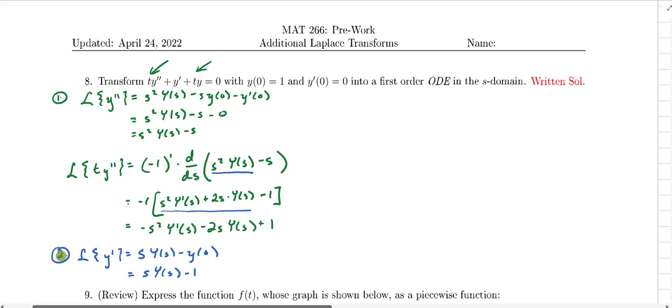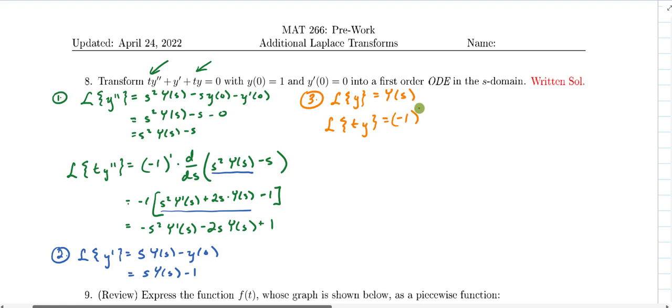There's nothing new about step 2. Step 3, though, is similar to step 1 in that I know the Laplace transform of just y we represent as capital Y sub s. So if I want to do the Laplace transform of t times y, we would have negative 1.